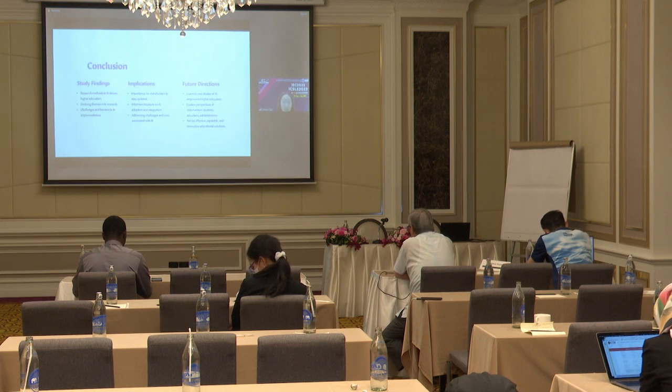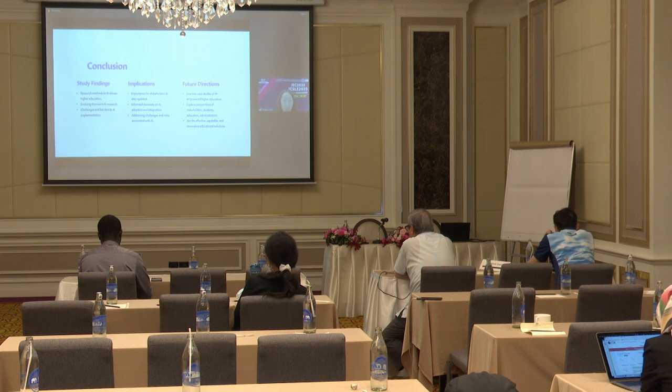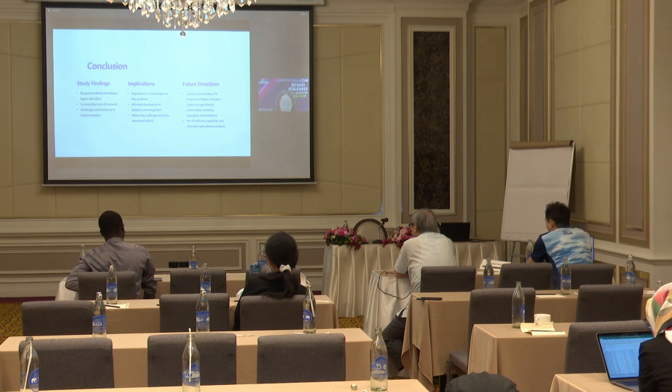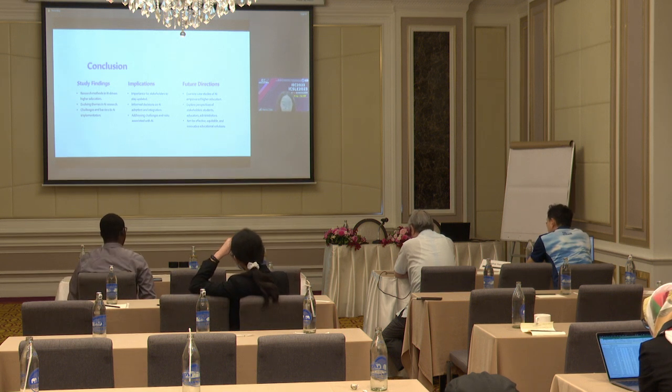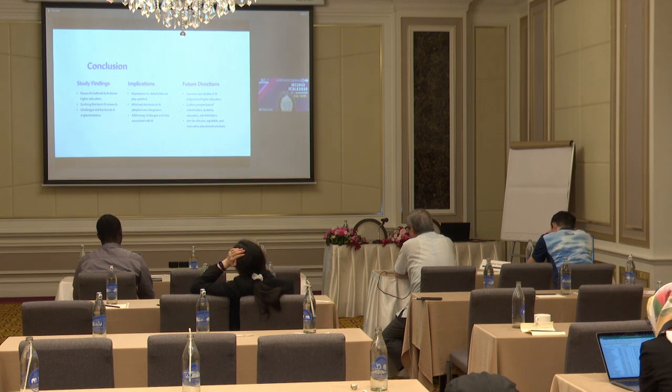In conclusion, please let me sum up the main points. Key findings. Research methods in AI-driven higher education, involving themes in AI research, challenges and barriers to AI implementation. Implications. The importance for stakeholders to stay updated and make informed decisions on AI adoption and integration, addressing challenges and risks associated with AI.